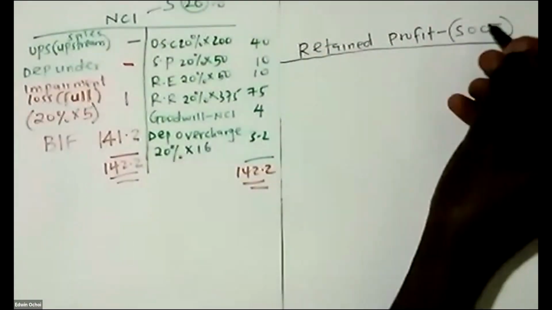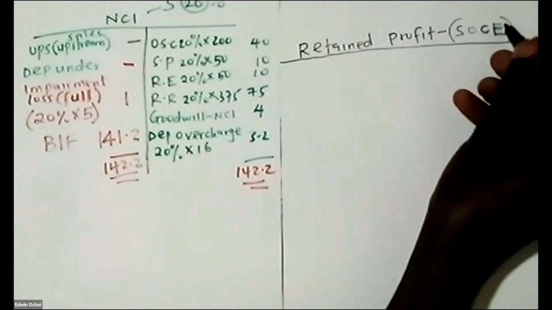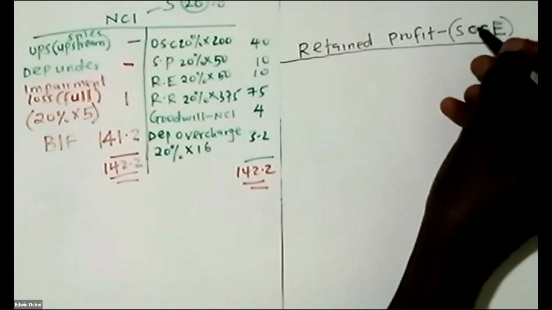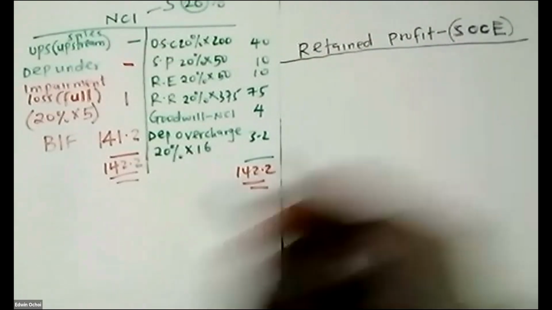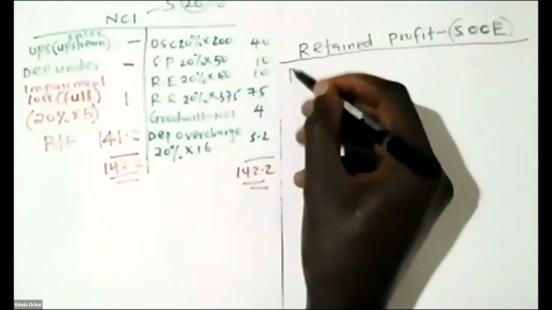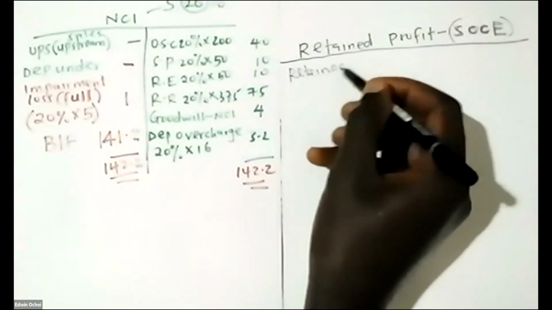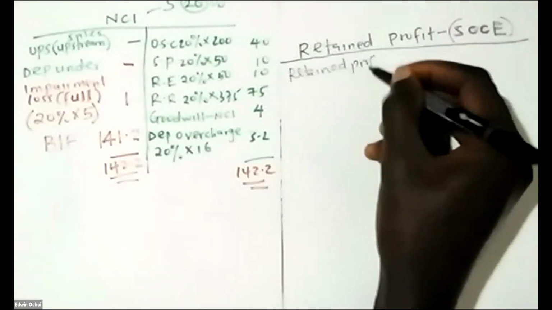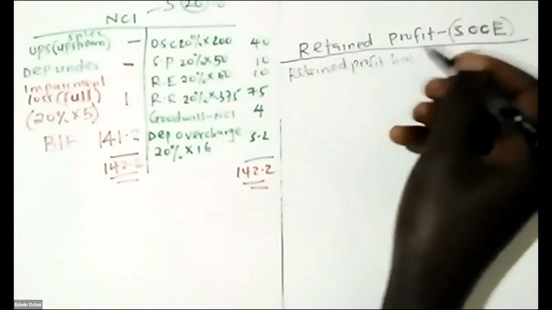I'm calling it statement of changes in equity in short, this way. What you prepare there is the same as the statement of changes in equity, of which you start with retained profit balance brought down.